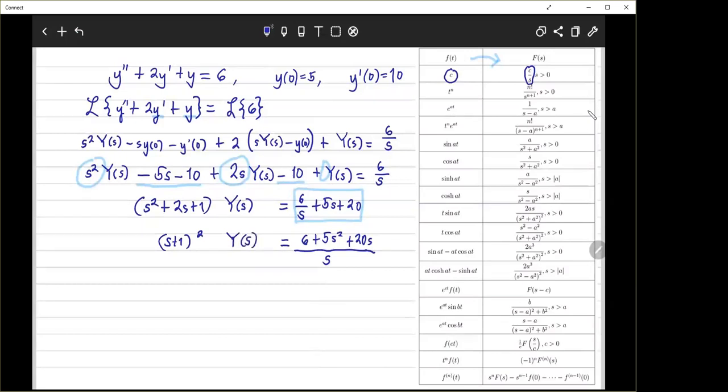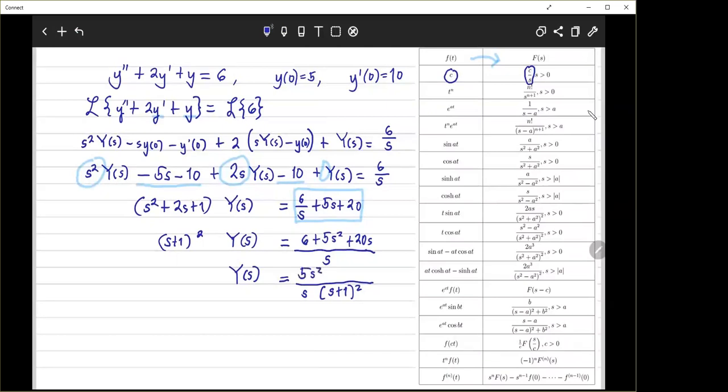So now we can isolate y of s. I'll just divide both sides by s plus 1 quantity squared. So y of s therefore is equal to, in the denominator, I have s times s plus 1 quantity squared. Now I might as well rearrange the numerator in such a way that the powers of s are decreasing so it looks nicer.